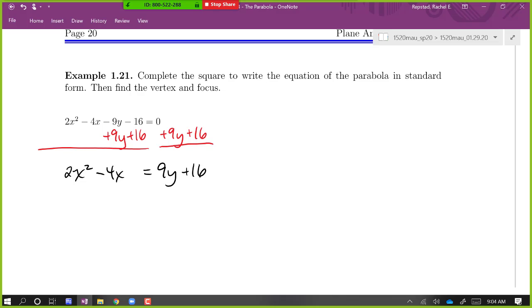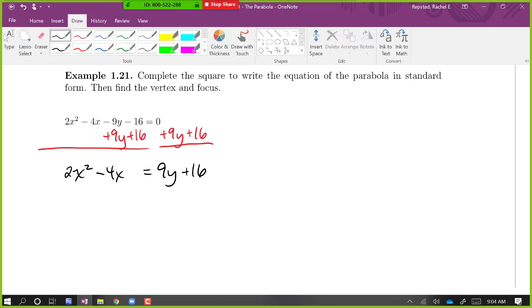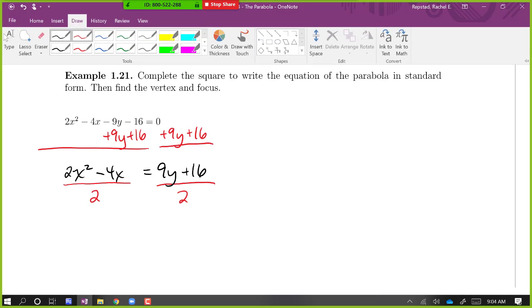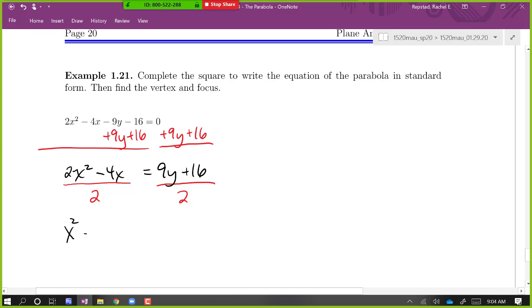Yeah, because it's the x that's squared. Now I'm not quite ready to complete the square yet. What do I need to do first? Yeah, and in fact I'm going to just divide out that 2 from both sides. So we got x squared minus 2x.